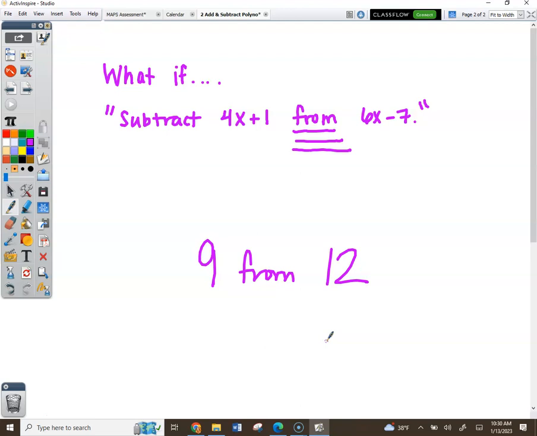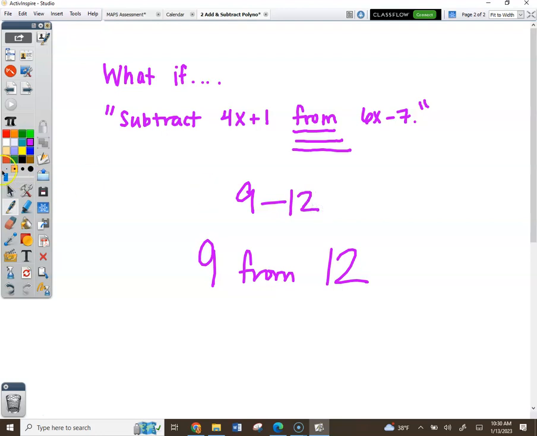It's 3. You see the difference? What if I said take 9 from 12? Does that help you now see it better? That'd be 3. Now, if I said 9 minus 12, you'd be right, it's negative 3.